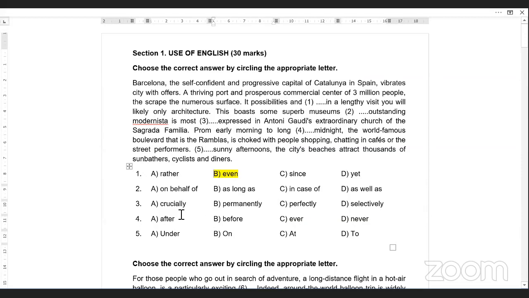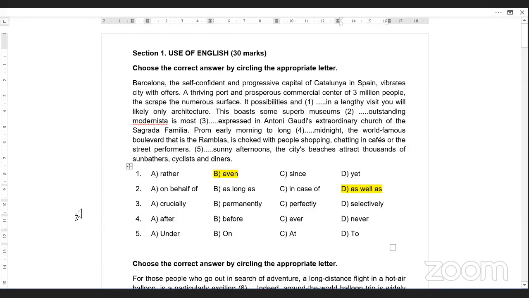Second one. This boasts some superb museums, outstanding. On behalf of, as long as, in case of, or as well as. As well as, D. Third one.